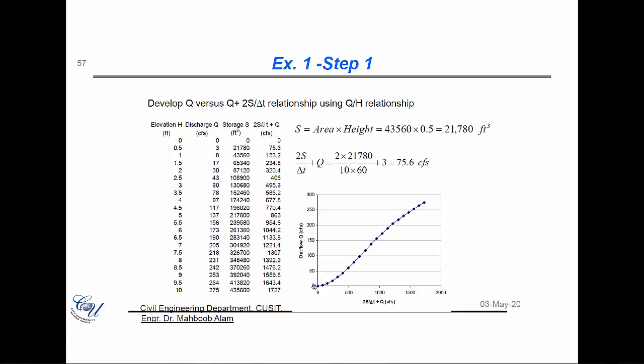And I simply plot a graph between the two values. On the x-axis, I have these values, 2s by delta T plus Q, all these values, the fourth column, and on y-axis I have the discharge, which is the second column here. Fine, so I have a relationship. Now what do I have?